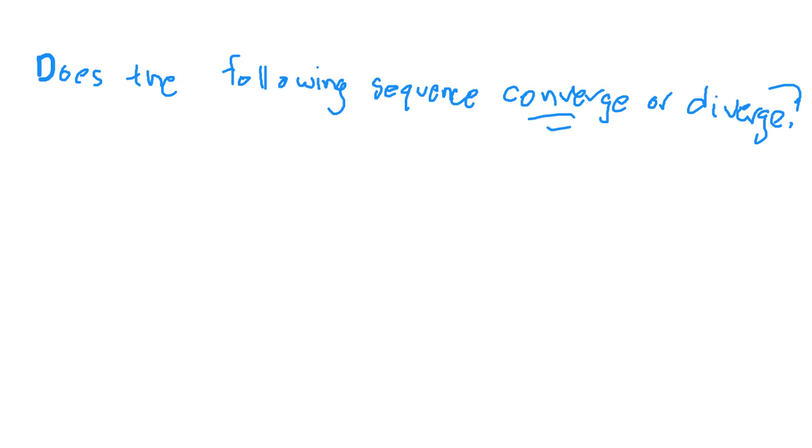Converge means the sequence reaches a limit. So here's a sequence. a sub n equals n over 2n plus 1, where n is 1, 2, 3, 4, and so forth.